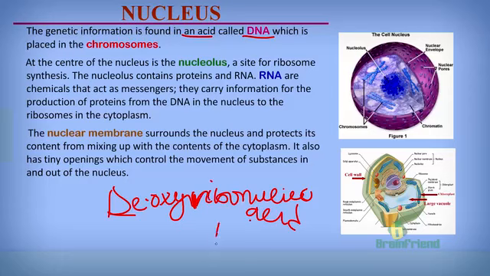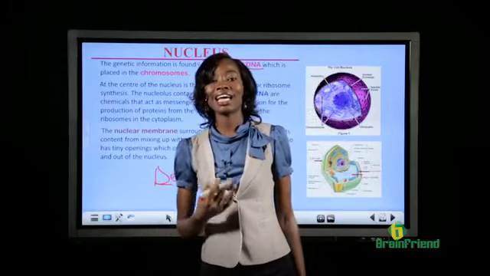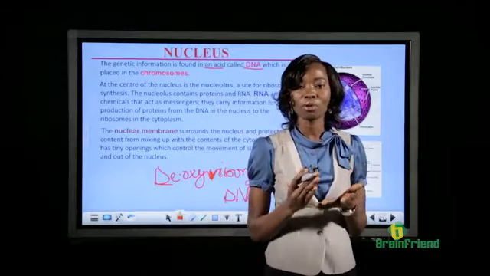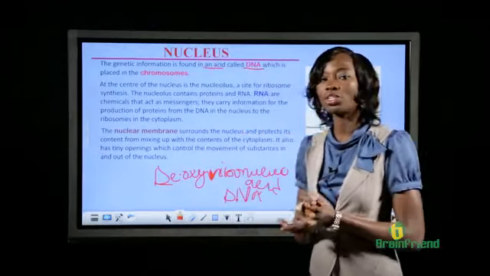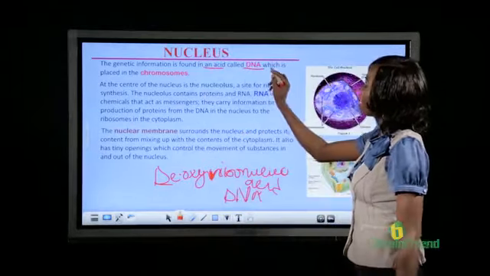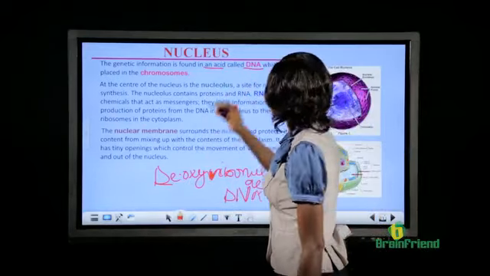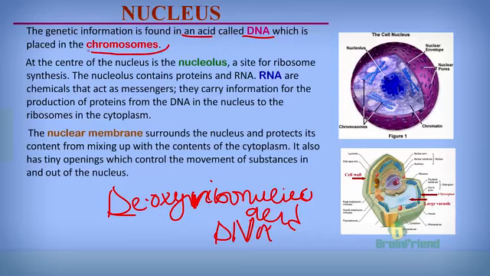So the DNA is an acid that has the genetic information found in a nucleus. This DNA does not exist alone. The DNA is usually submerged or placed in the chromosomes. So this is the chromosomes, and the chromosomes contain DNA.